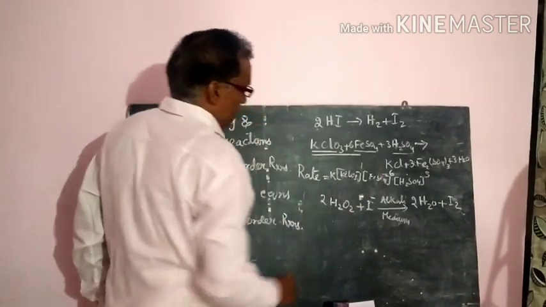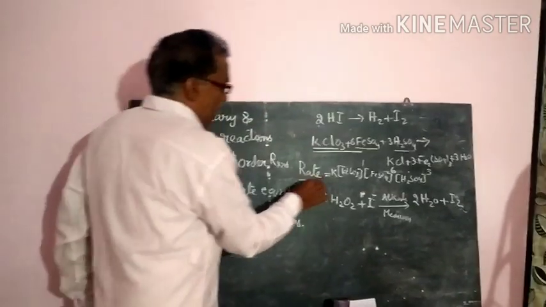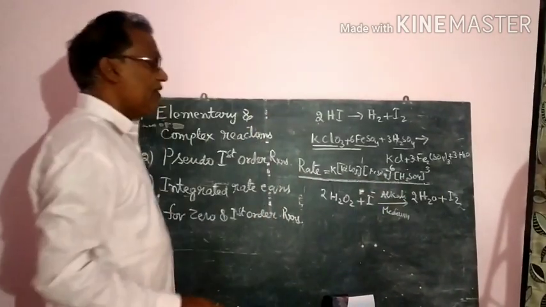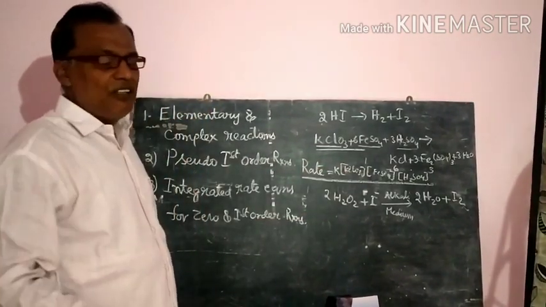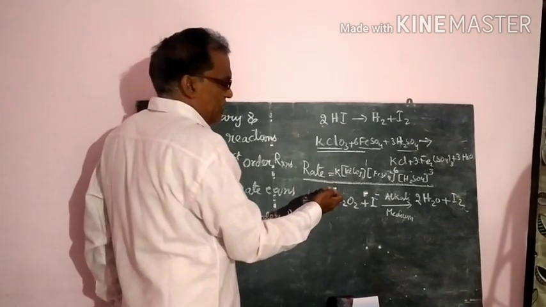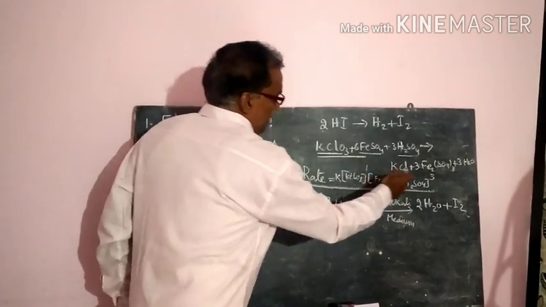KClO3 only 1 time. From this rate law or rate equation, we can come to know the order of the reaction. If you find the order of the reaction, it is nothing but x + y + z.